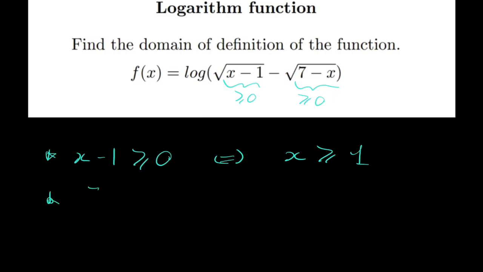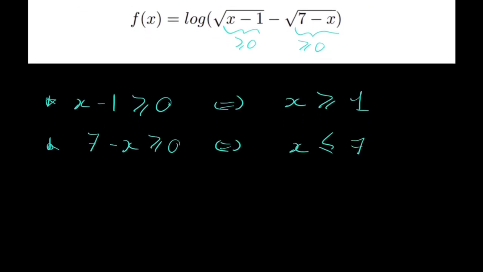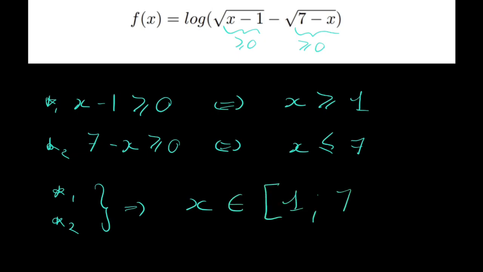And the second one, we want 7 minus x to be greater or equal to 0, which gives us x lower or equal to 7. So the first two conditions, star 1 and star 2, imply that x has to be between 1 included and 7 included.